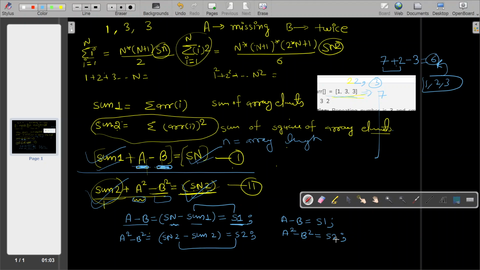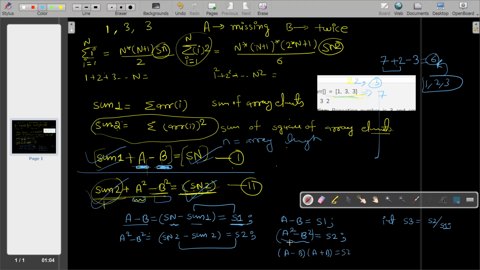Now I am creating another variable called S3. S3 will be S2 divided by S1. How will we solve? You will write a square minus b square is equal to, and a square minus b square is nothing but a minus b times a plus b.